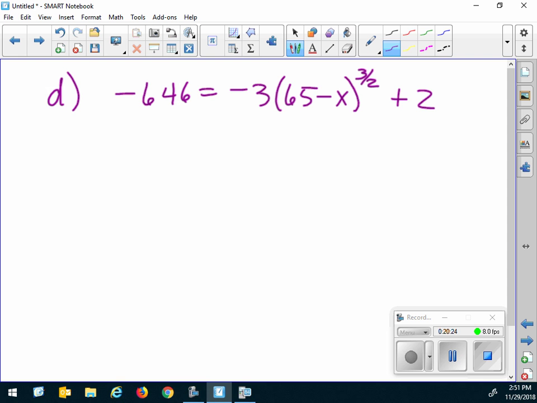What I got to do is I got to get this little pickle right here by itself. Subtract 2 I'm good with, and divide by -3. If I subtract 2, I can do that in my head. That's -648.